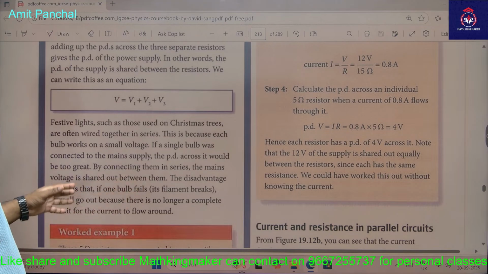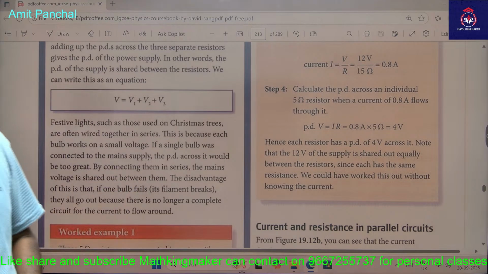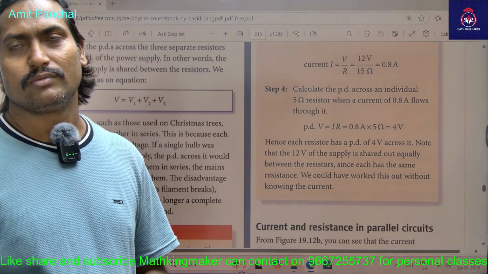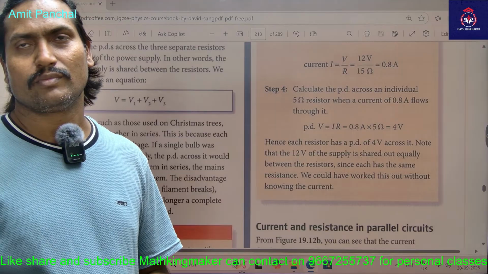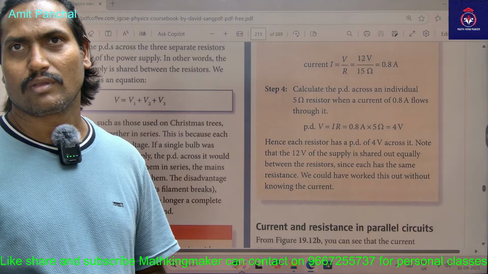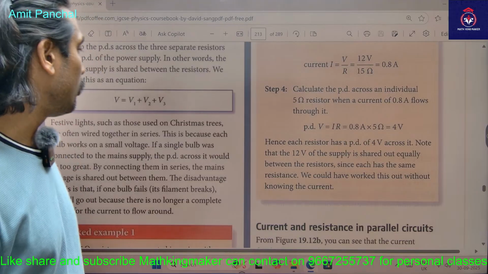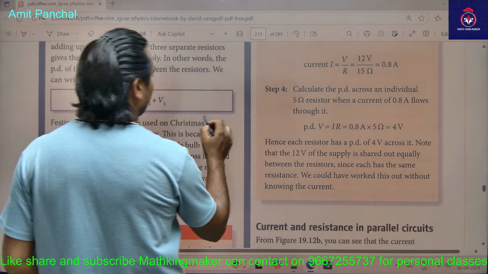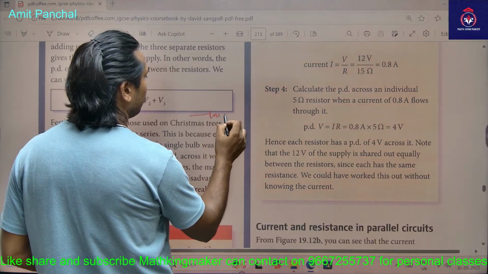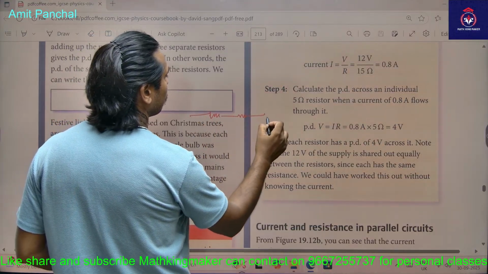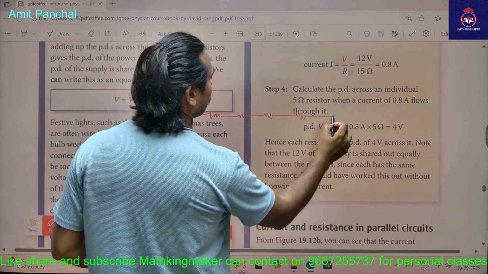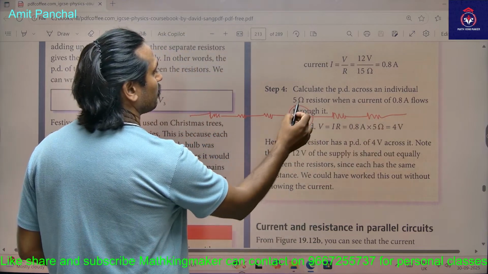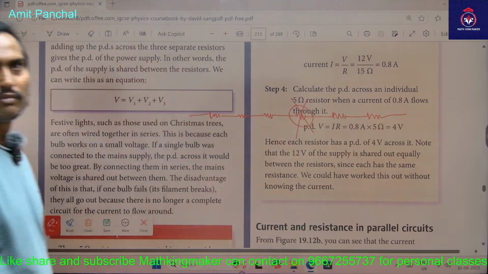The disadvantage of this is, what happens if one of the LEDs is damaged? Doesn't the voltage just increase for the others? No. If there is a fault with one LED, like you have connected one LED, two LED, third, fourth, fifth, sixth, and now this one is faulty, what will happen?